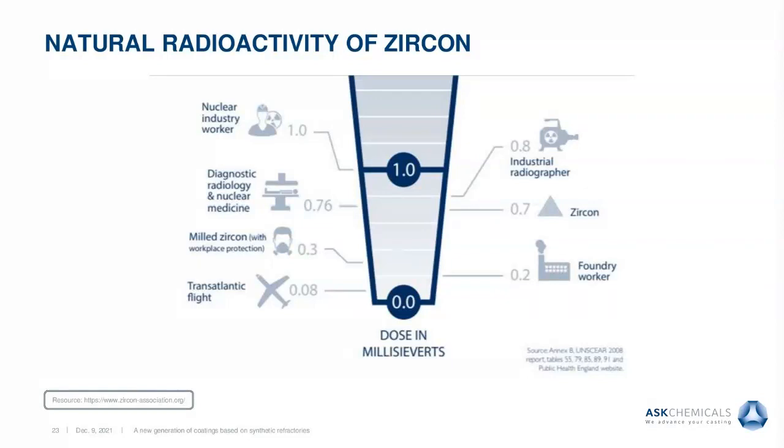So zircon sand and zircon flour have some radioactivity, as you see here. It has 0.7 millisieverts as a dose, and this is comparable with diagnostic radiology and nuclear medicine. So certainly you have to take precautions using zircon.